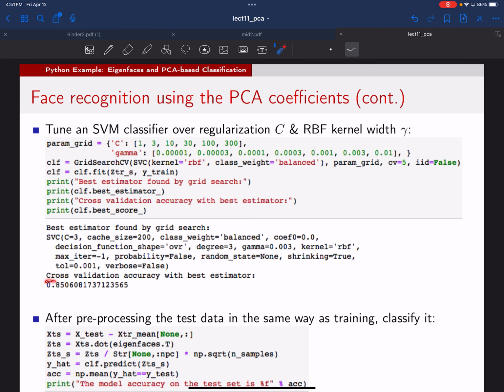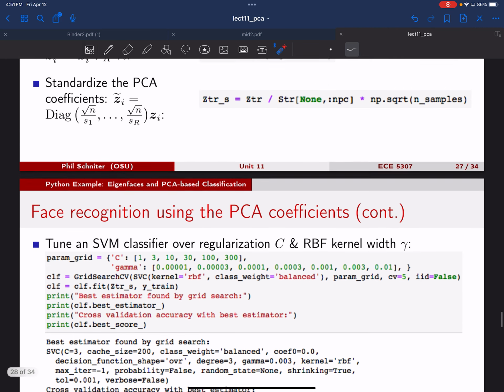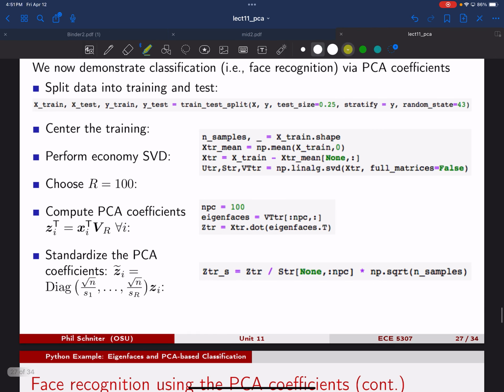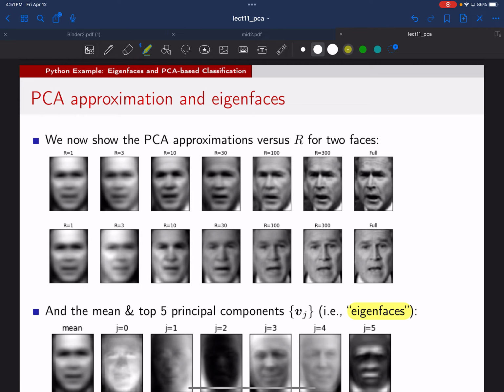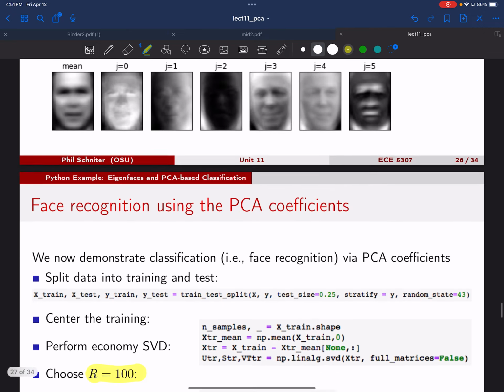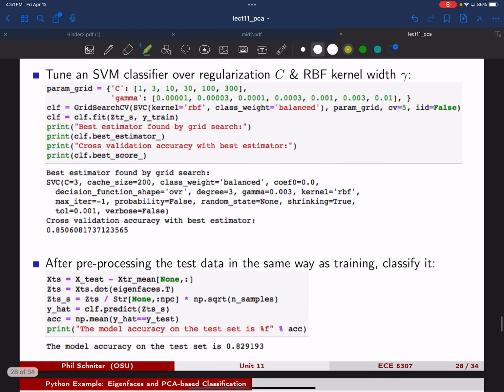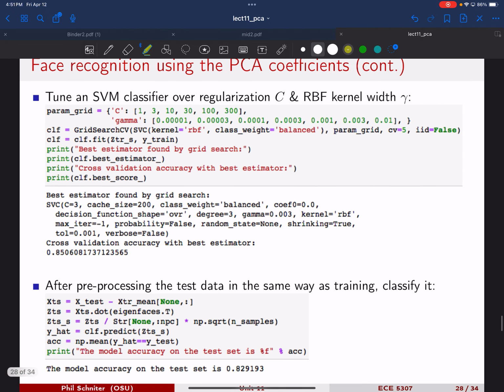And if we look at cross-validation accuracy, okay, we're doing this with 100 coefficients, so we're using this quality of face here. And we find that with that quality of face, we can get 85% cross-validation accuracy. If we look at the test data, we get 83%, so that's pretty close to what we would expect.